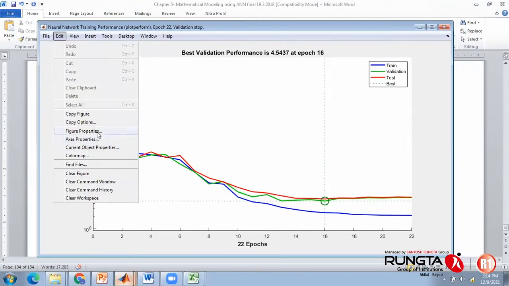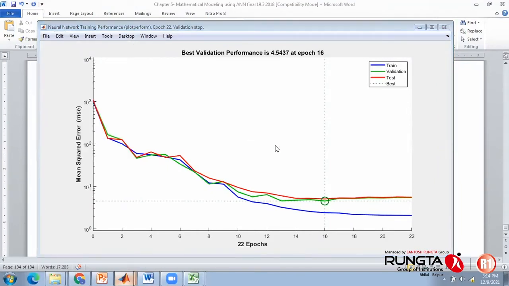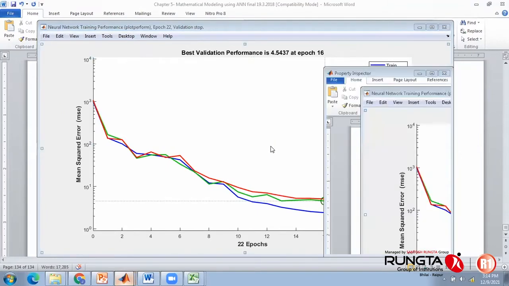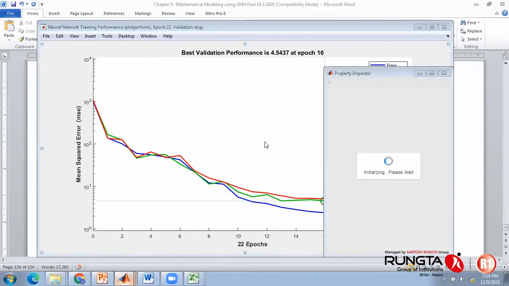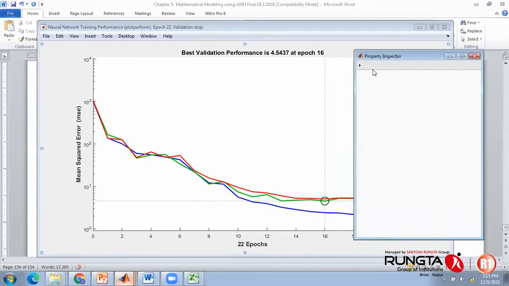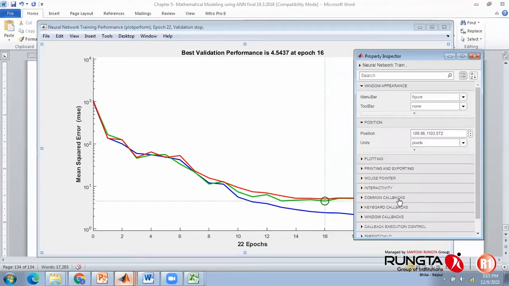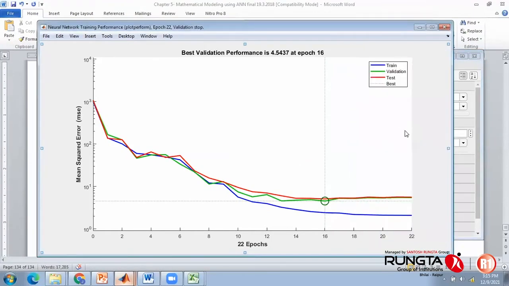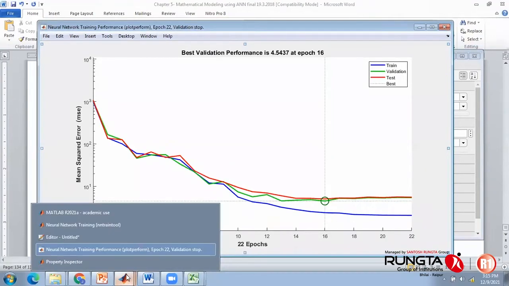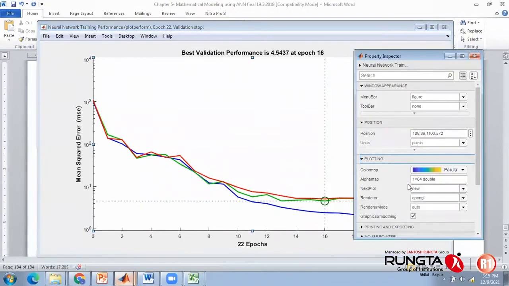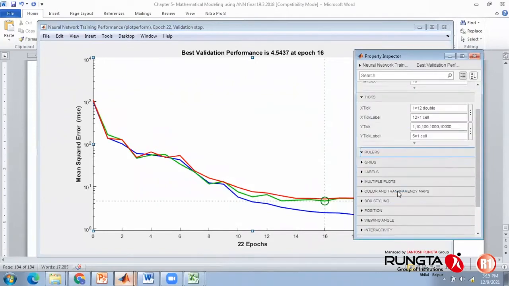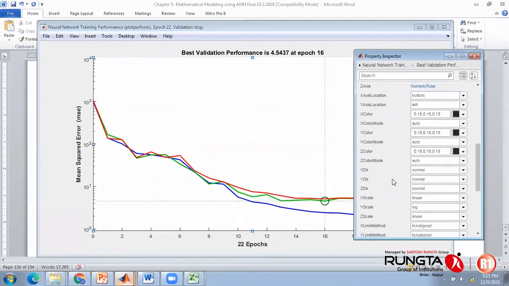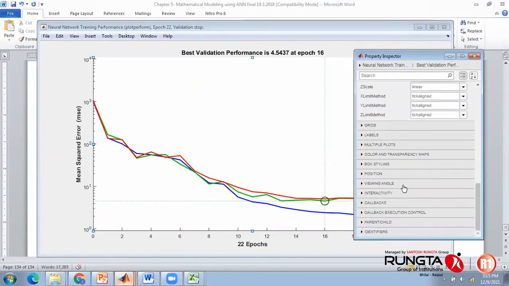If you are interested in going for some other details, just go to figure properties. Okay, so there are different aspects associated with the figure properties, and then you can use it. I hope you have already done it. The plotting related details, color map, the printing and exporting, etc. There are different things, x-axis, y-axis, annotations, everything you can change.